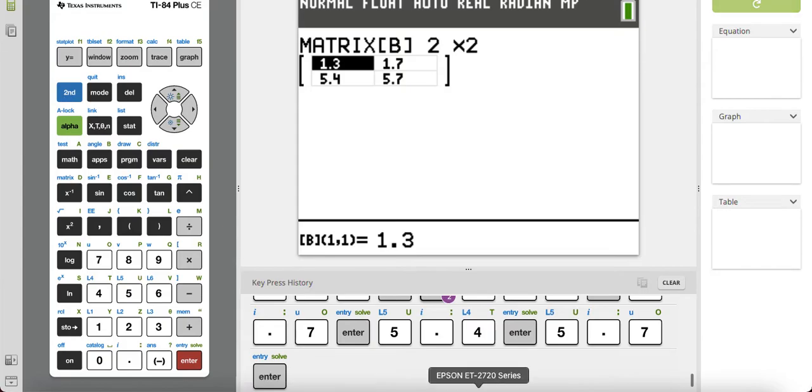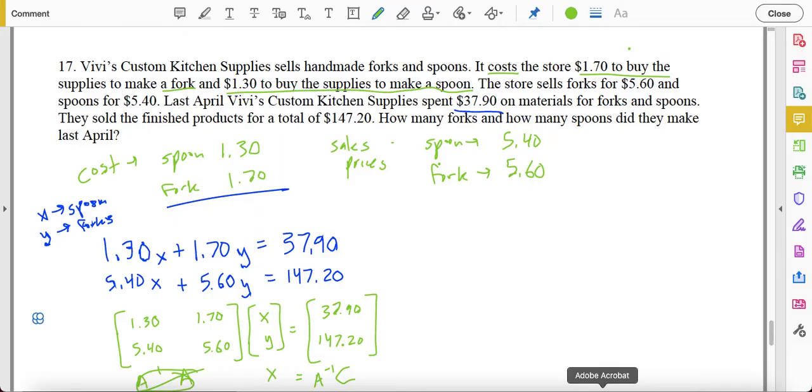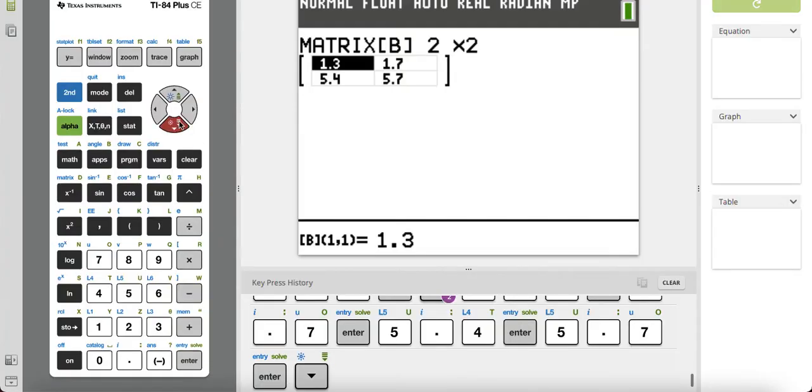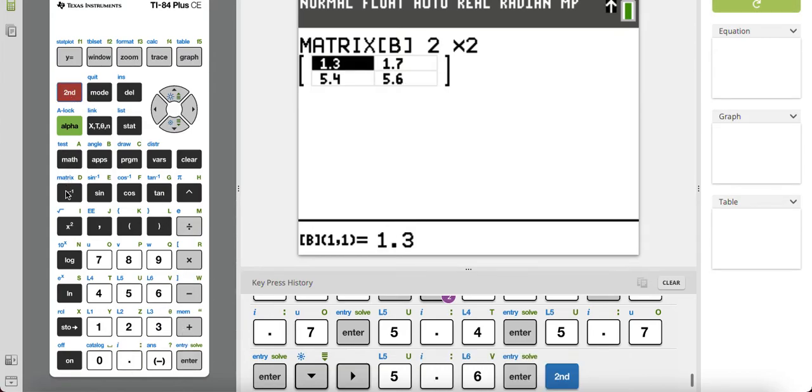Oh, 5.7, 570, I misentered it. Okay, so there's matrix B, our coefficient matrix.